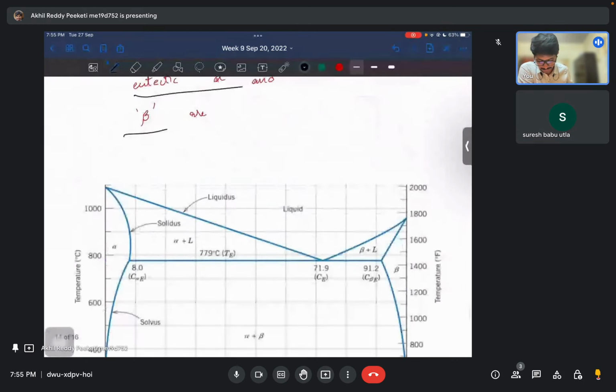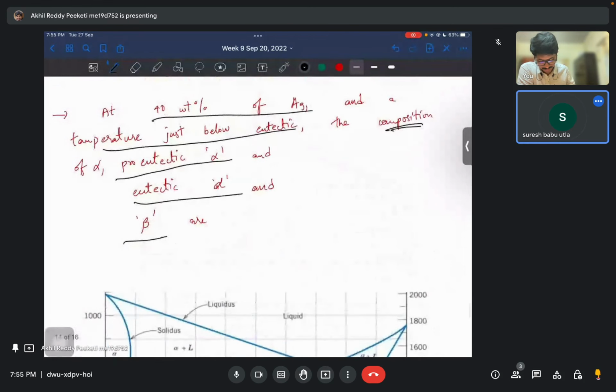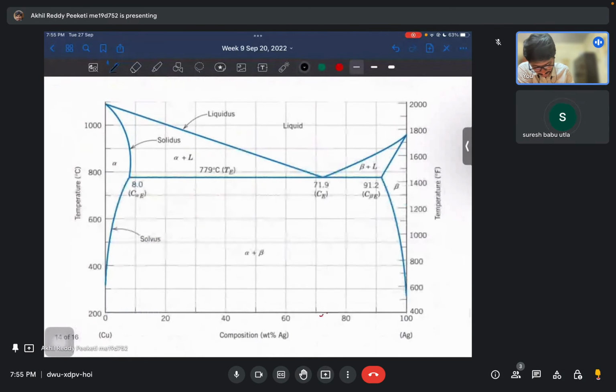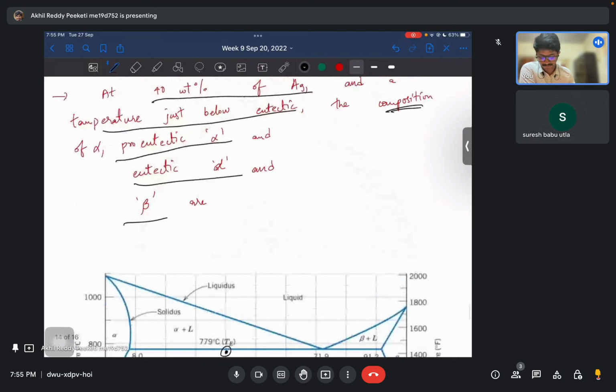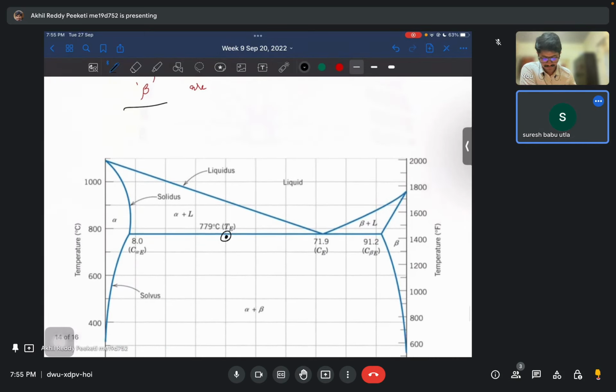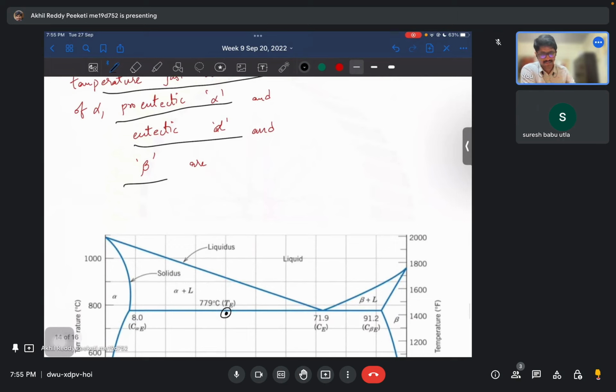So at 40% and then just below the eutectic point. So this point, right? Now the question is how much would be proeutectic alpha, eutectic alpha and beta. Can you tell me how we can get this?